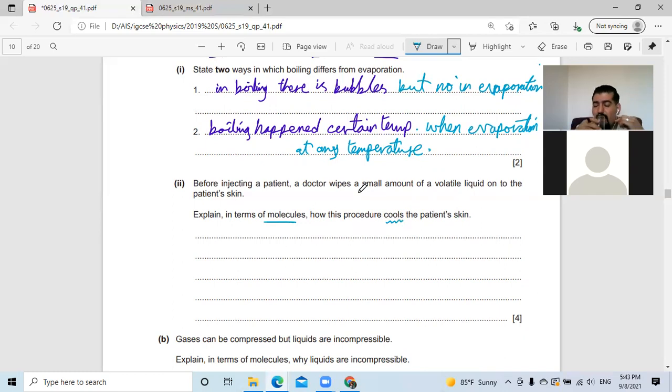And another thing, the molecules that remain inside the liquid are only the molecules that have low average kinetic energy. The molecules that have high kinetic energy escape, and the molecules that are cold stay in.